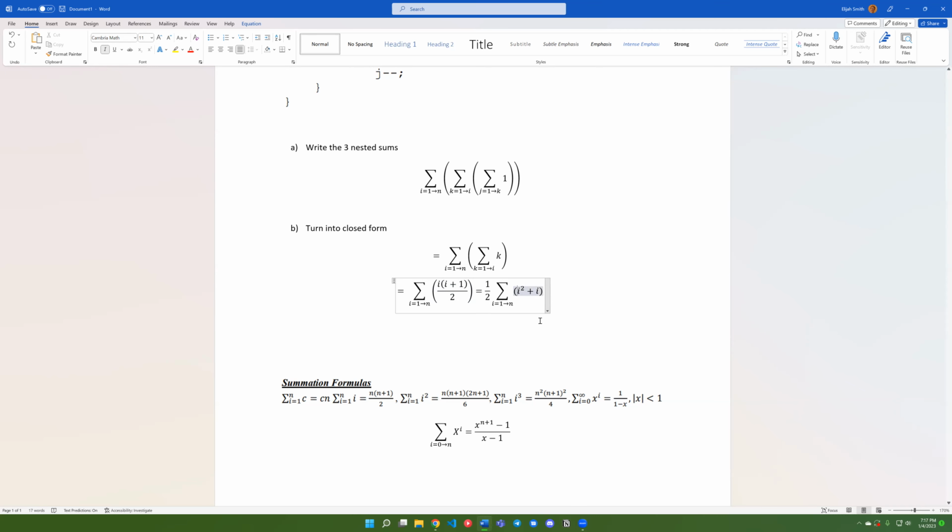All right, so we went ahead and split this up a little bit. We need to keep working on this. 1 divided by 2. And then we're going to split this into 2 separate summations now. I'm going to go ahead and copy this for simplicity.